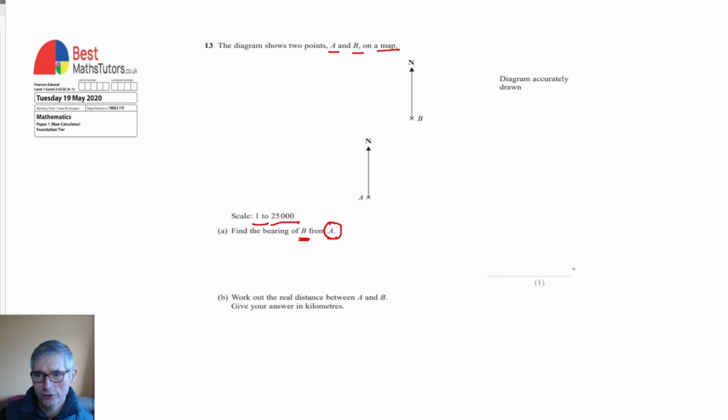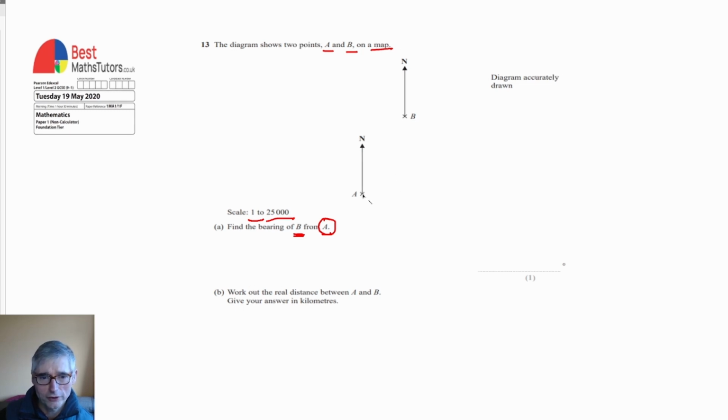So what I'm going to do first of all is join those two points together, B and A. And in fact, I'm going to extend that line just to make it easier for me because I'm going to have to measure the angle later. I'm also going to extend this north line here.